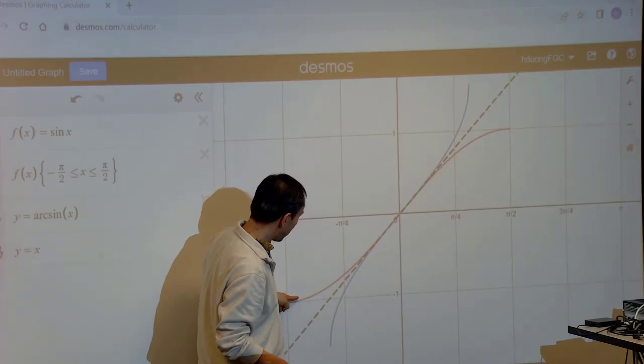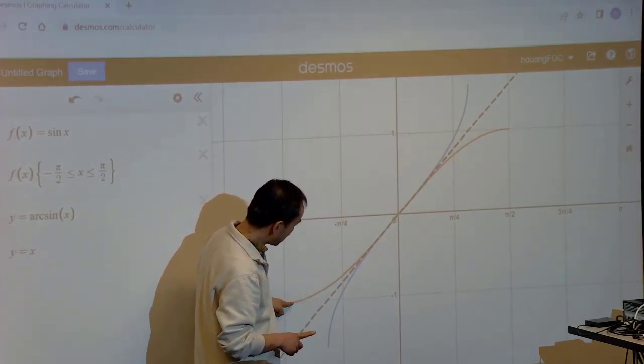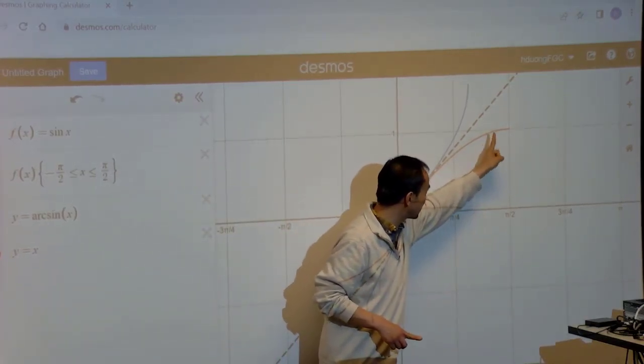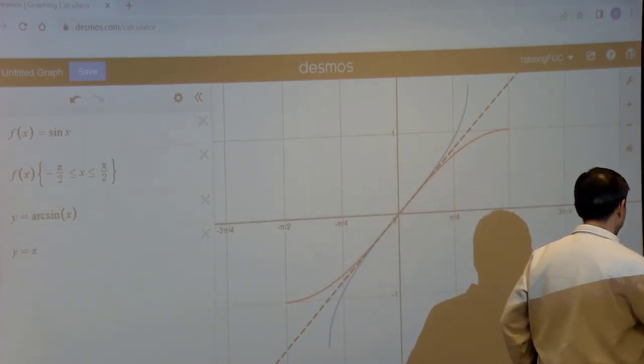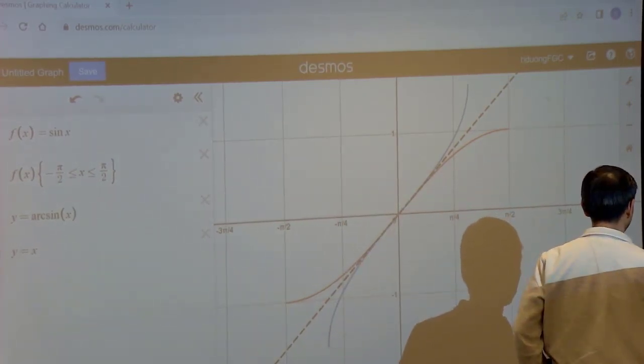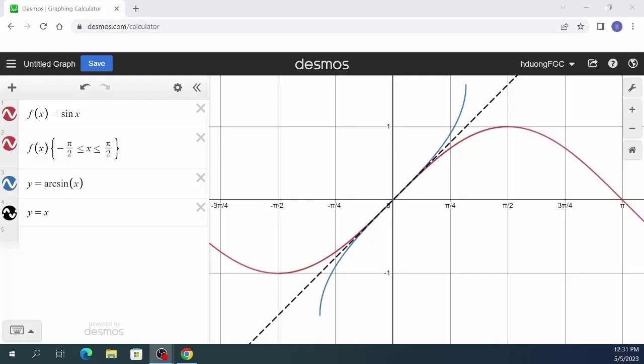Through the 45-degree line. And that's the reason why people chose only part of the sine. Think about the complete sine function. It runs on forever right there, but we purposely only choose the part from -pi/2 to pi/2.